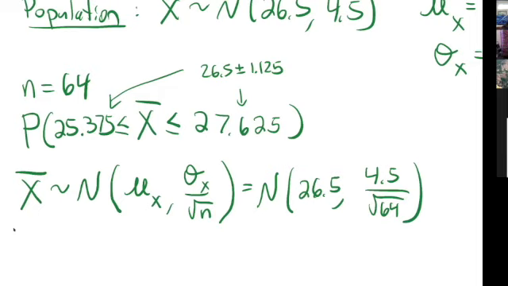So the big difference is we don't need to adjust where it's centered, but the sampling distribution is going to have a much smaller spread than the population. So we definitely need to make sure that we don't use the standard deviation for the population, but we remember to divide it by the square root of the sample size because we're working with the sampling distribution of the mean.